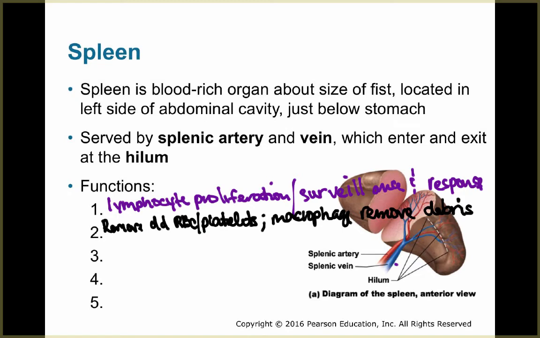It stores the broken down products of the red blood cells, for example, iron for later use.